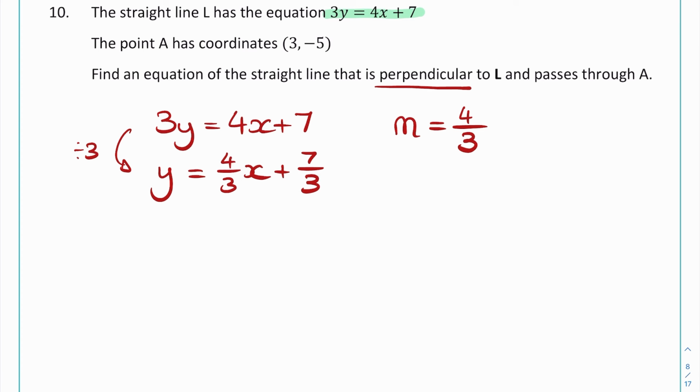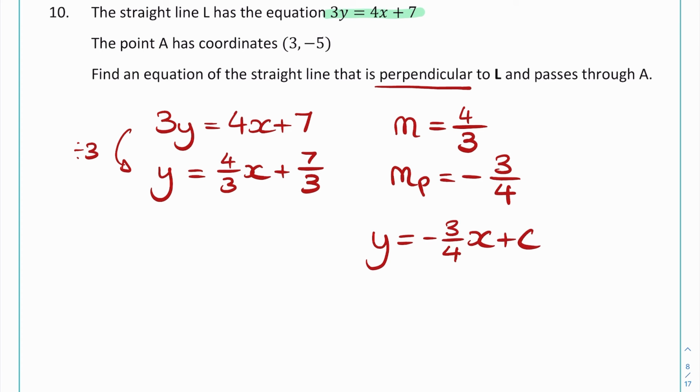We're looking at the perpendicular line, so the perpendicular gradient, which I always write as m with a little p, is equal to negative 3/4, the negative reciprocal. That's going to be the gradient of our new line. So if I write the equation of my new line with the correct gradient in, so it's y is equal to negative 3/4 x and then plus c.